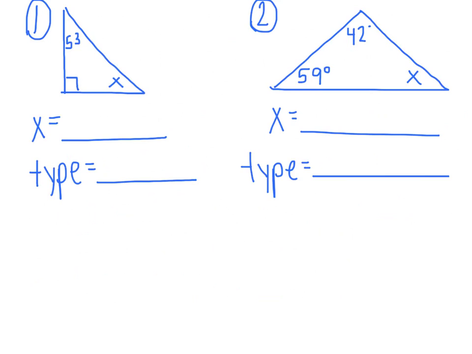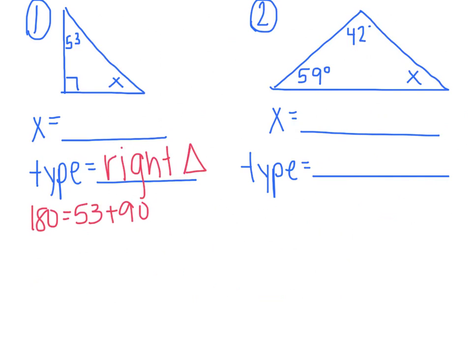So if we look at our first one, we can see it has the box. The box indicates a right angle, so this has to be a right triangle. So we know we have 180 equals 53 plus 90 plus x. 53 plus 90 is 143. So 180 minus 143, x equals 37.